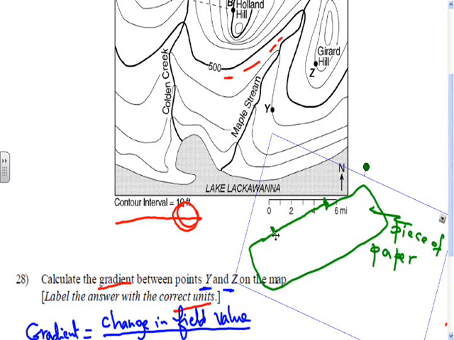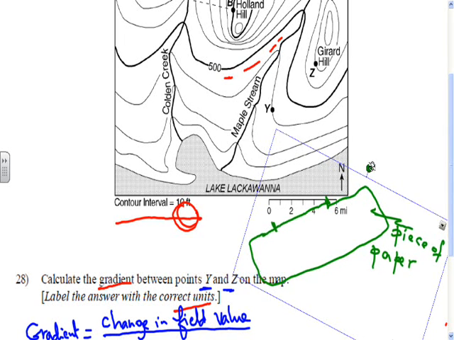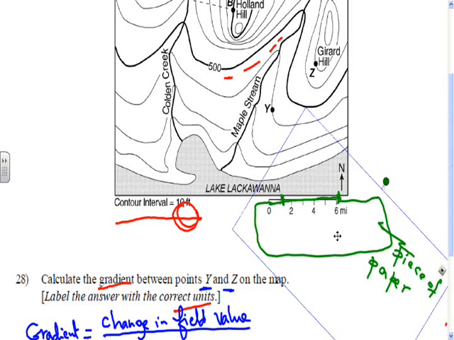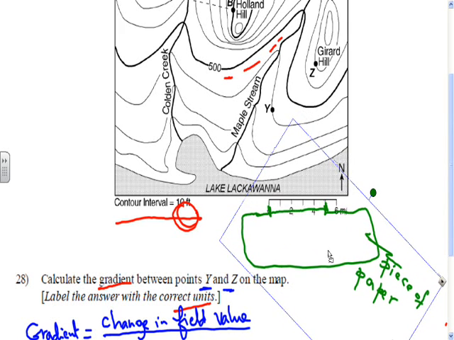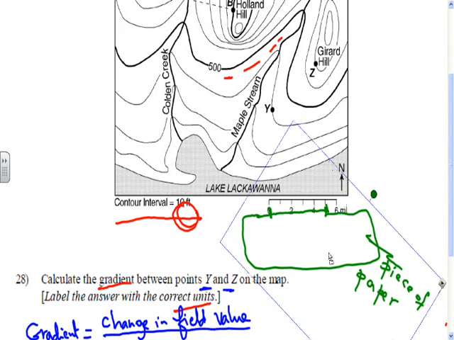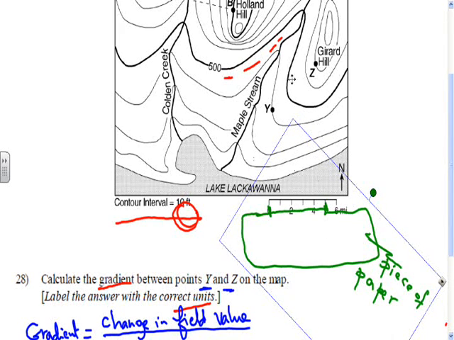Now this first mark on Y should be on 0, and the second mark you need to read. So once you put the paper here, you mark Y, you mark Z, you put the paper so that the first mark is on 0, and you see how much is the second mark. So this is 0, 1, 2, 3, 4, 5.